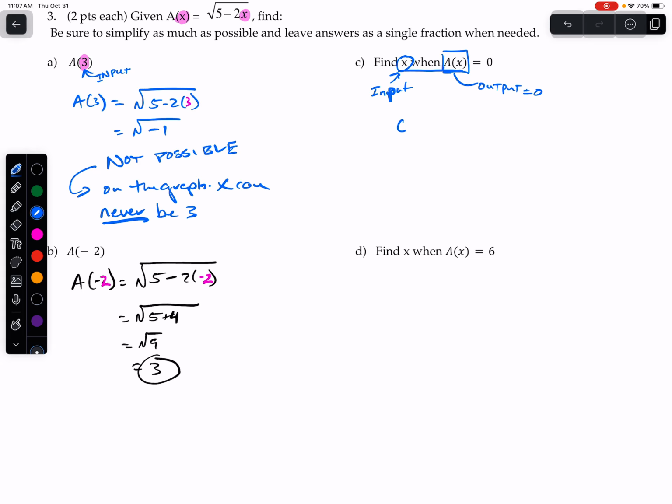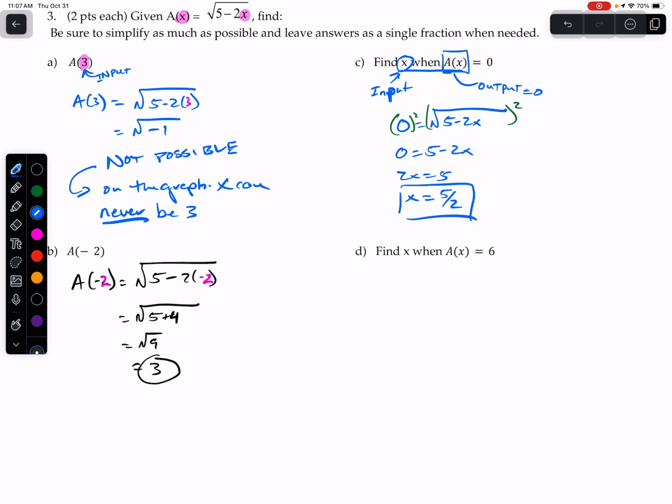So that's when 0 equals the square root of 5 minus 2x. Well, square root can definitely be 0, so we can square both sides and we get 0 equals 5 minus 2x, so 2x equals 5, so x equals 5 over 2.